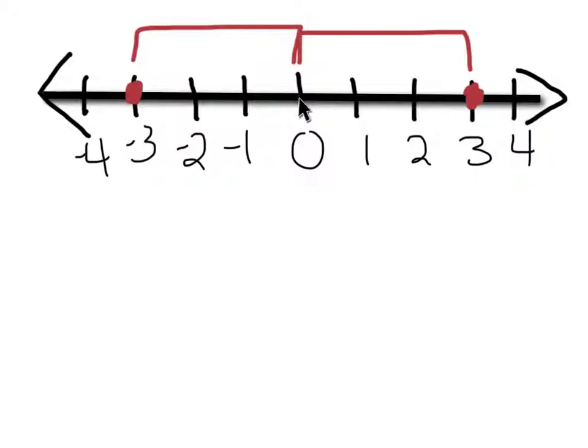At the same time, -3 is 1, 2, 3 units away from 0. So whether you start at +3 or -3, the distance away, or the absolute value, is 3 in both cases. Absolute value basically means that you take away the sign of a number.